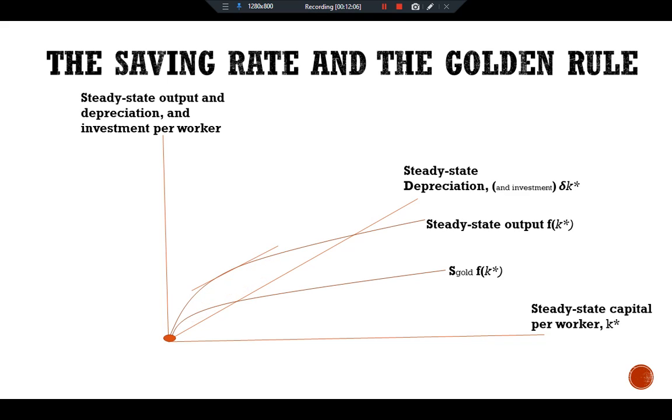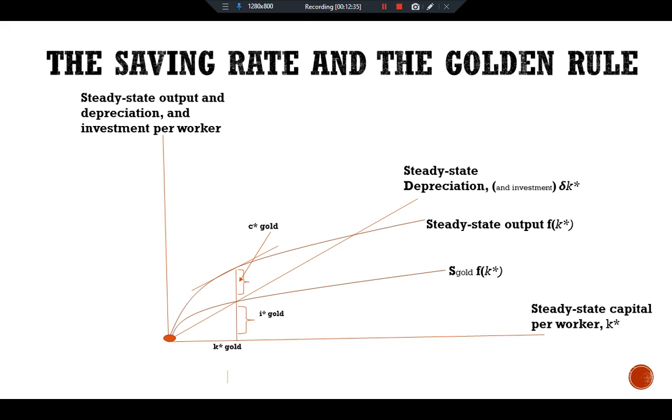The golden rule of consumption is the difference between output and depreciation. We have C* gold, and at this point we have K* gold, with this amount of investment I* gold.